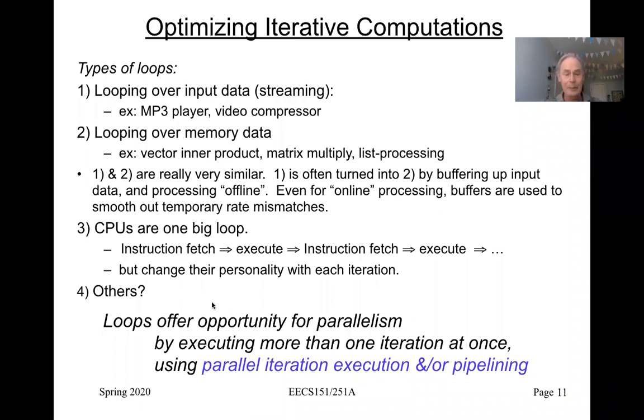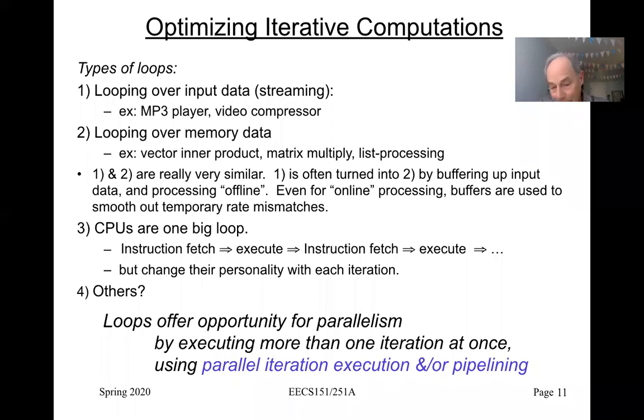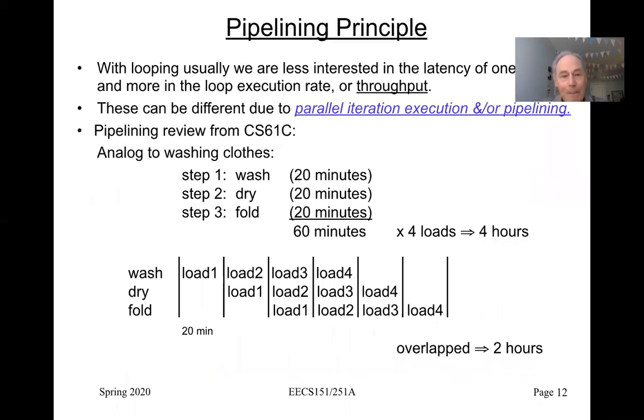Both of those things come up, so we have opportunities to get parallelism by looking at loops. That's why we look at loops. I mentioned two things here: parallel iteration and pipelining. We're going to focus mainly on pipelining. I'll talk about the other a little later.